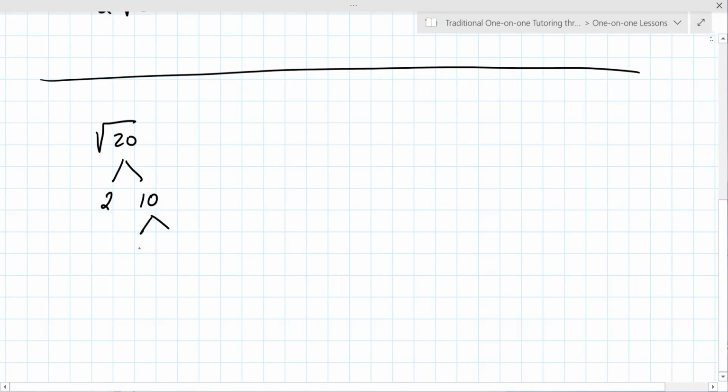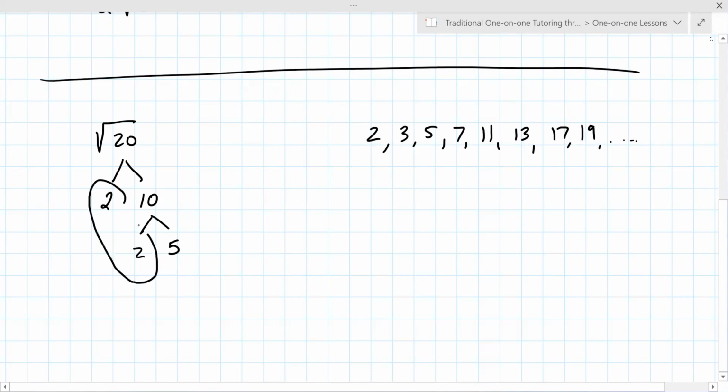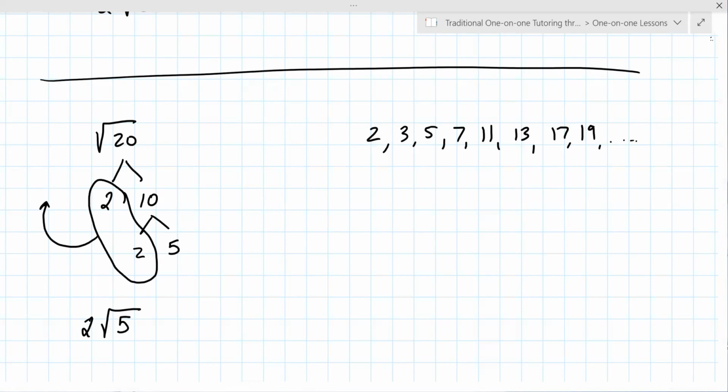What is 10 divided by 2? 5. 5 is a prime number. 2, 3, 5, 7, 11, 13, 17, 19. We're never going to get that large, but that is a possibility. For every pair, you bring one out. So this is 2 square root of whatever's left over, which is 5.